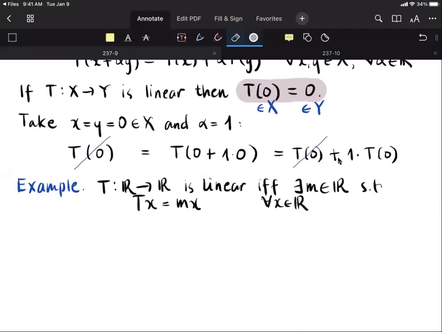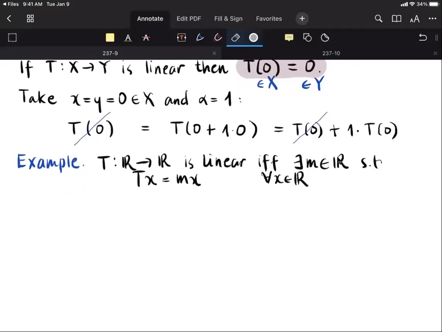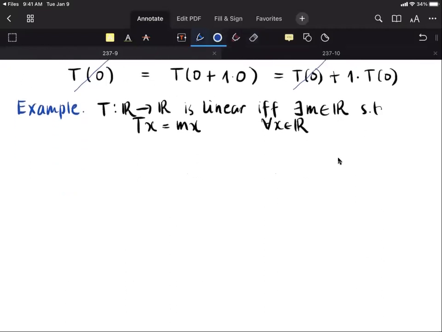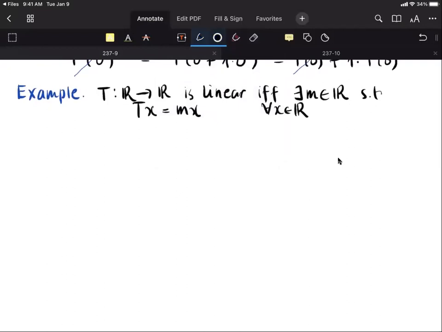In this case, linear operators from R into itself are functions having this form: some real number M times the argument x. And we will give further examples later.